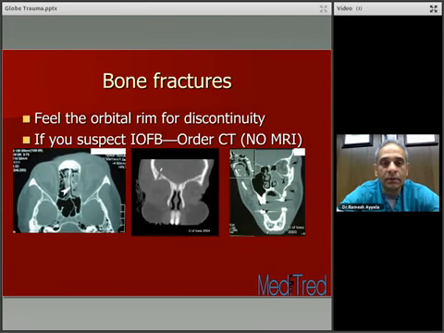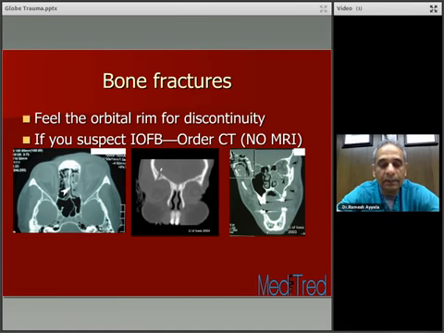Let's move on to bone fractures. When you have significant trauma to the orbits, you can end up with orbital bone fractures, and you will be frequently called by the ENT and plastics and the ER guys to rule out orbital floor fractures and to do a complete eye examination.